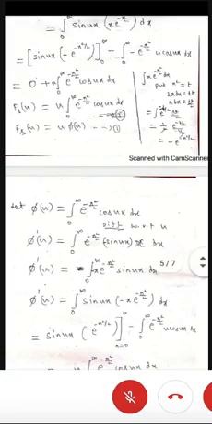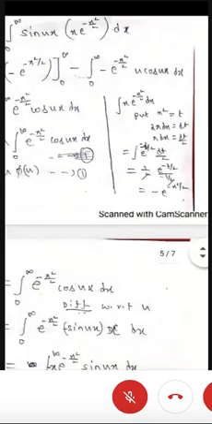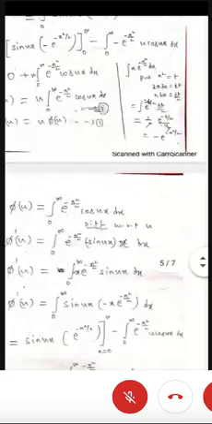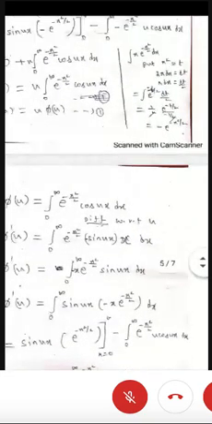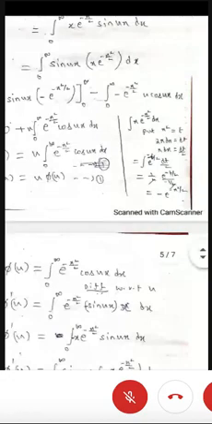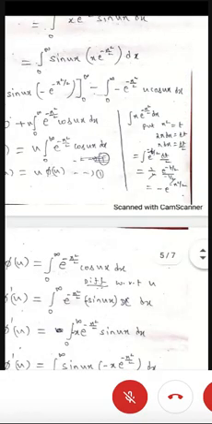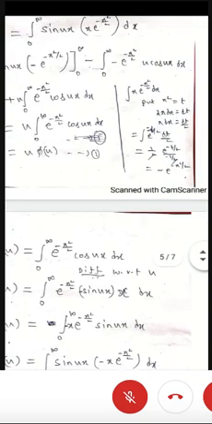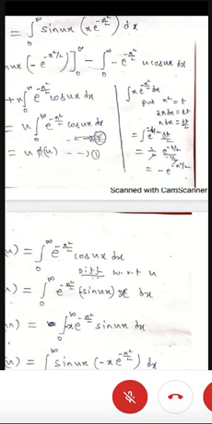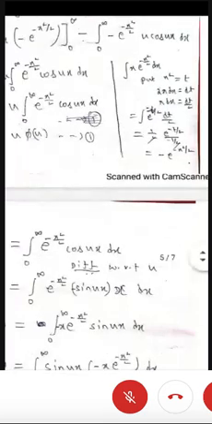What is the integration of minus x e power minus x square by 2? We already know the substitution method. X e power minus x square by 2, but one more minus sign is there. That's the extra thing here. If you integrate x e power minus x square by 2 with no minus sign, then the answer is minus e power minus x square by 2. If you multiply by a minus sign on the right side, the answer also gets multiplied by a minus sign.